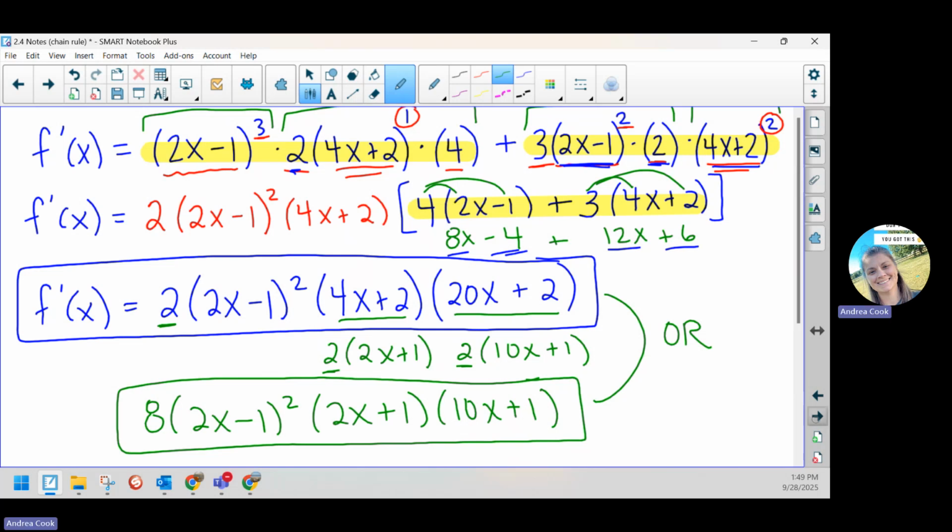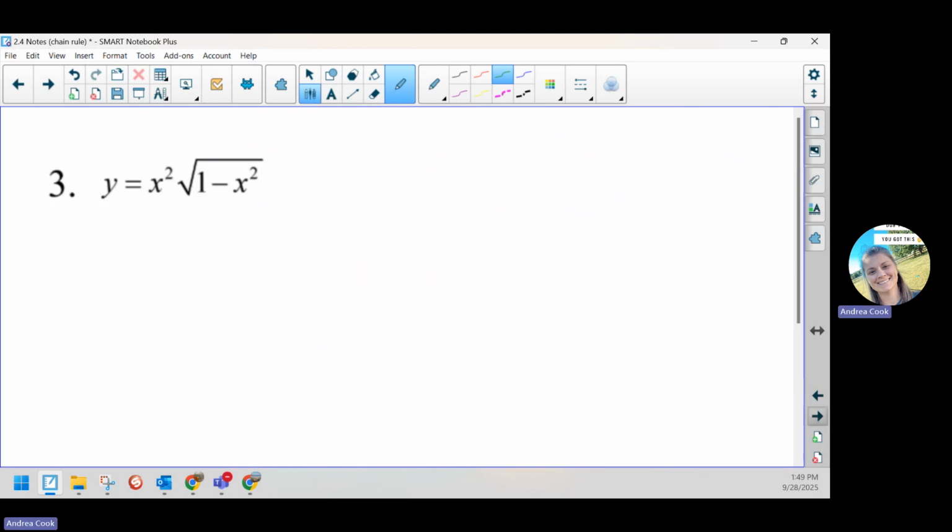Okay, now our next example, example 3. So again, I have a function times another function. So I'm going to rewrite that using fractional exponents.